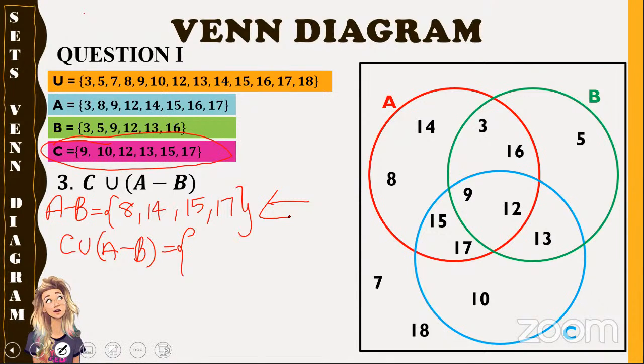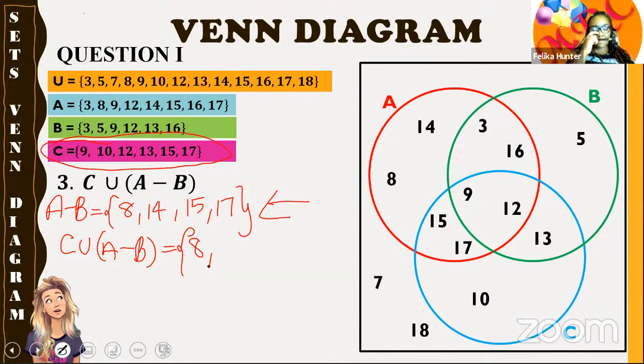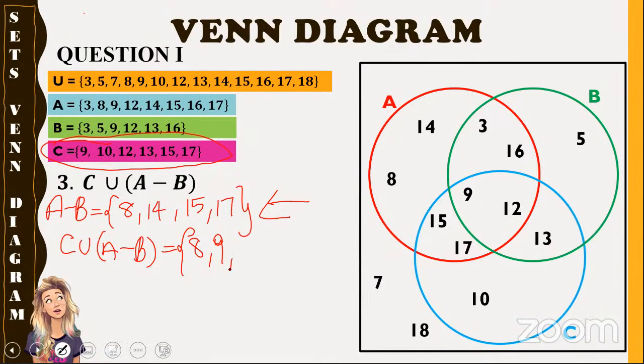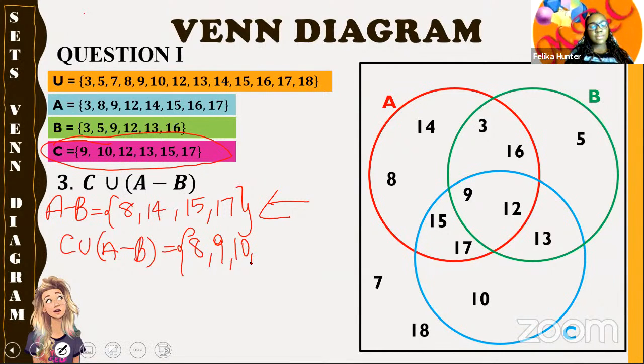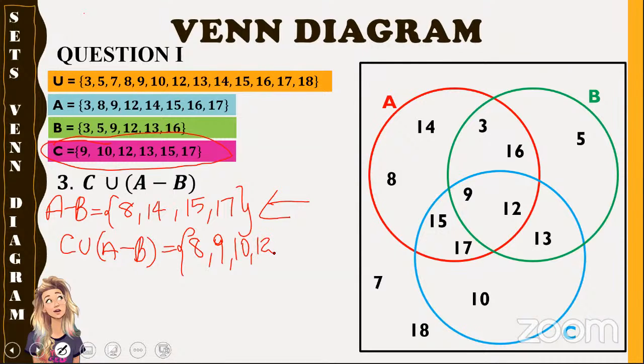So let's start off with 8. Then 9. Then 12. What is in both? This is 10, sorry, 10. Then the 12. Then 13.